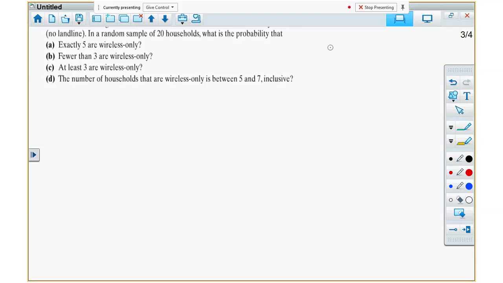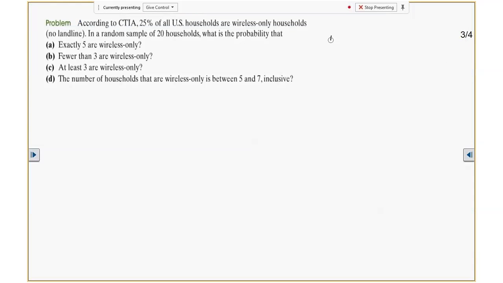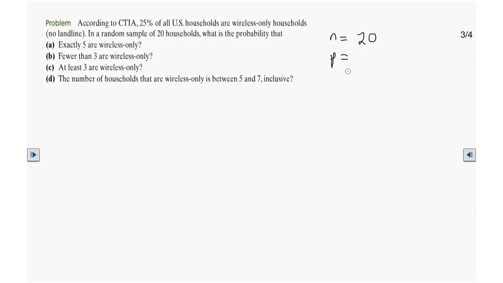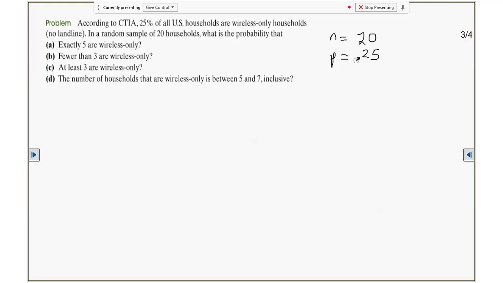So far, n is equal to 20. P is equal to 0.25. And X is going to be equal to different ones for each one of these.